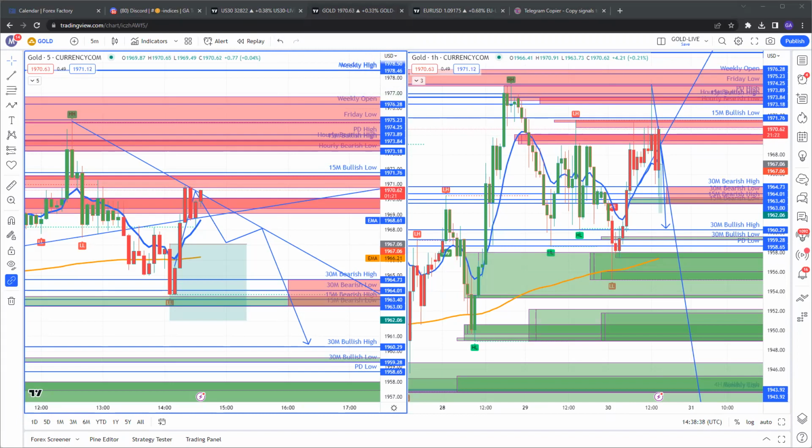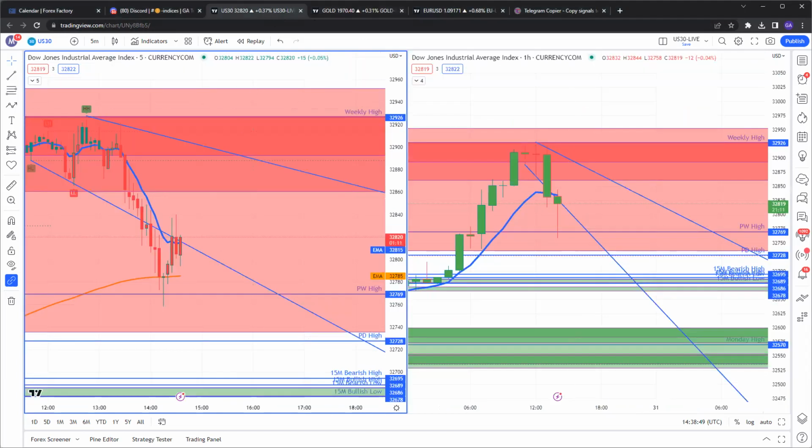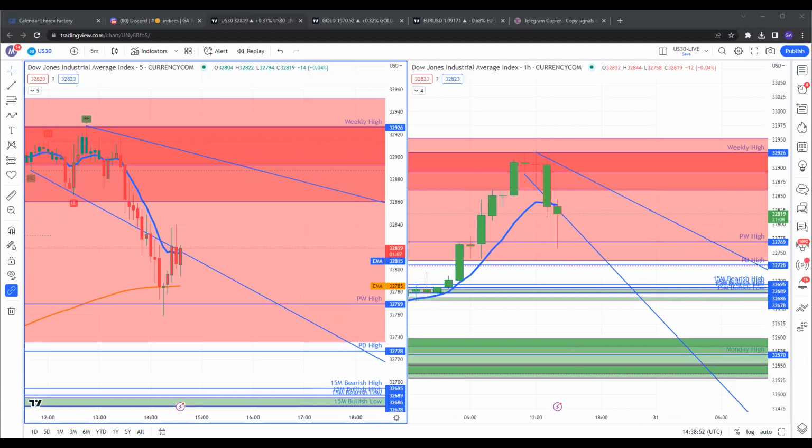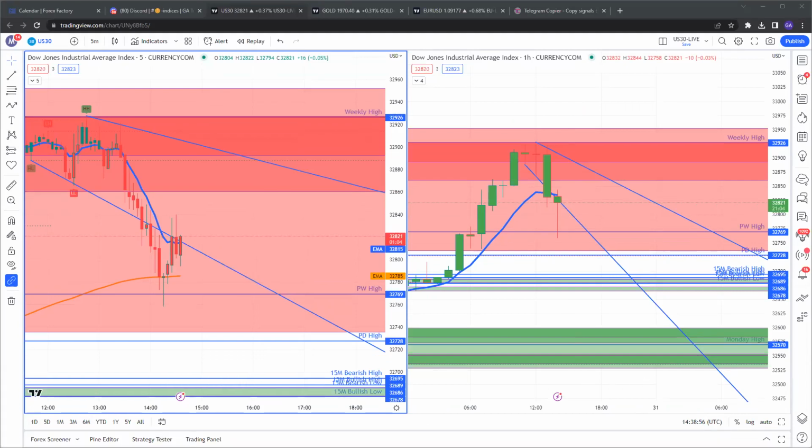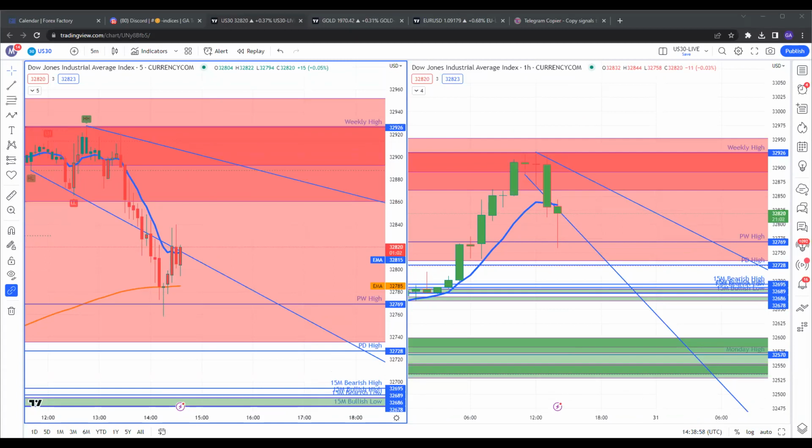Oh, I just missed out on profit. Okay, it's fine. So my copier did not work for some reason. It took the EU trade but did not take the gold trade. But it is what it is. For that I only made money on my main account.